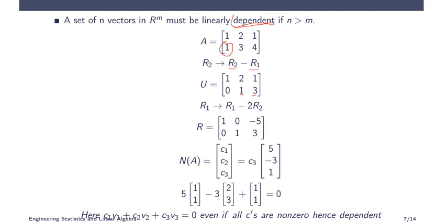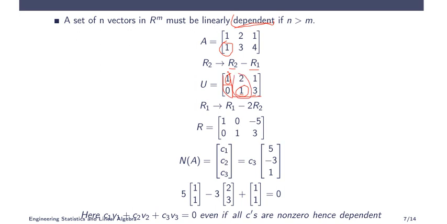Now we got the echelon form, or U, directly from here. What are the pivot elements here? The first one is 1. This is another pivot element. This is not considered a pivot element because it is not the first one in its row. Now this is a pivot column and this is another pivot column.